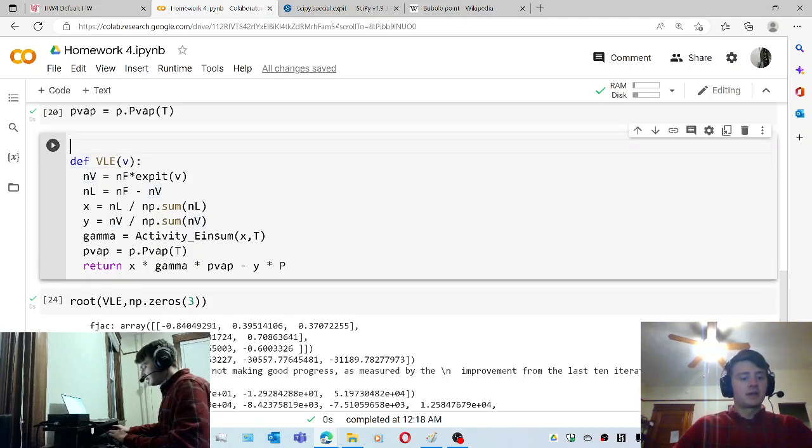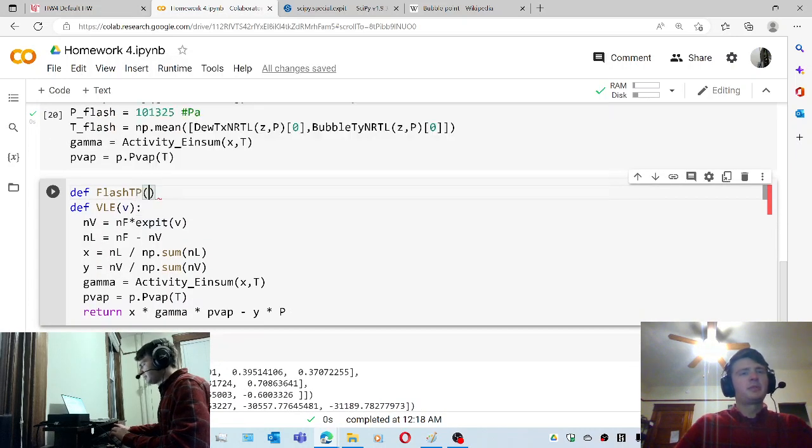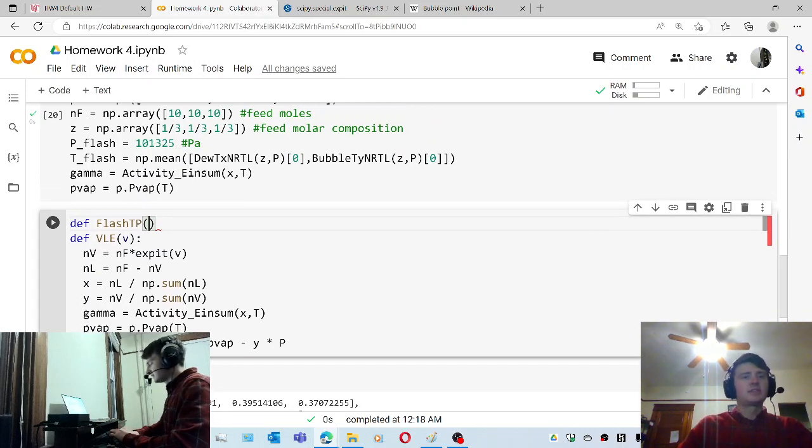So I will define a new function, define the flash tank, flash temperature and pressure. What will we need to pass into this function?